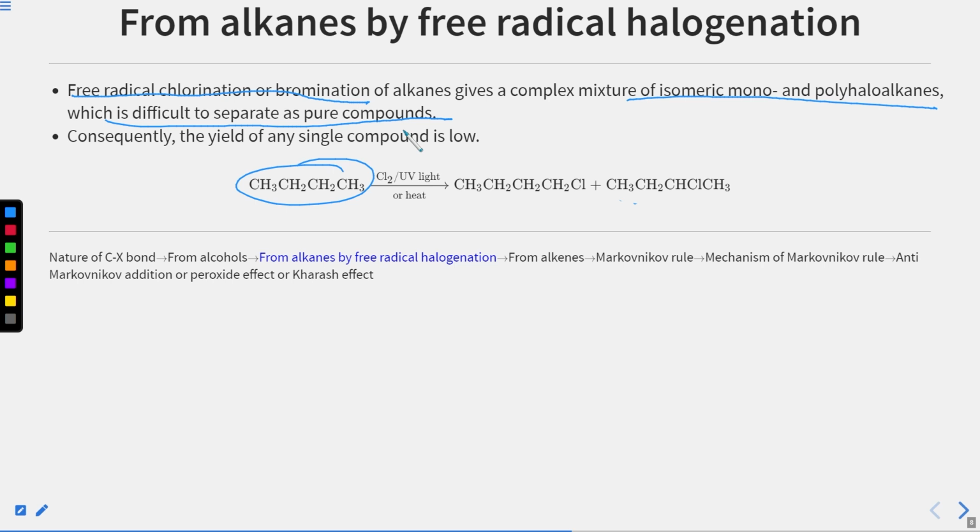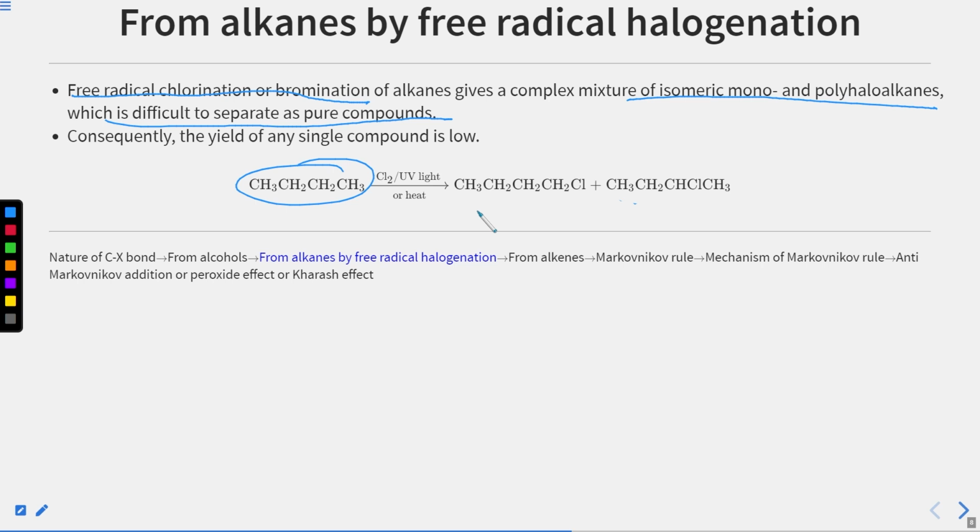This halogenation can lead not only to monohalogenation, but also to dihalogenation, trihalogenation and tetrahalogenation, and that would be very difficult to separate, because the electronegativity difference is not that much that it would become polar, or any other methodologies would not be applicable easily. So it is a very bad method to prepare our halogenated compound, but still we will study this.